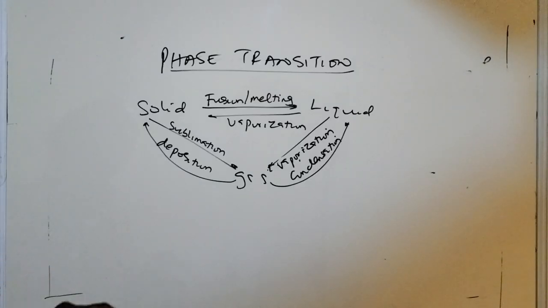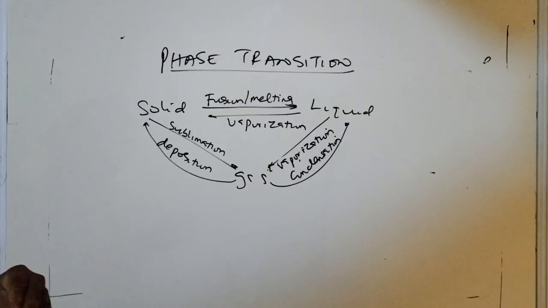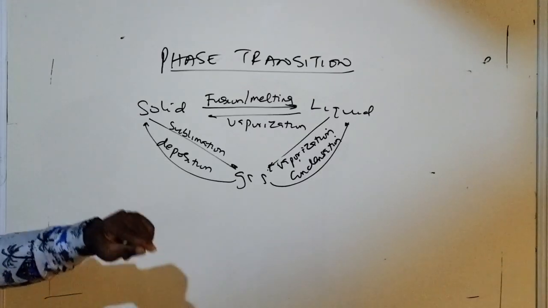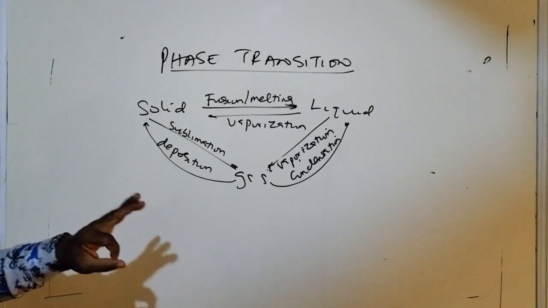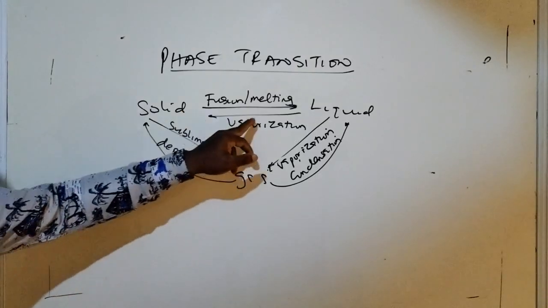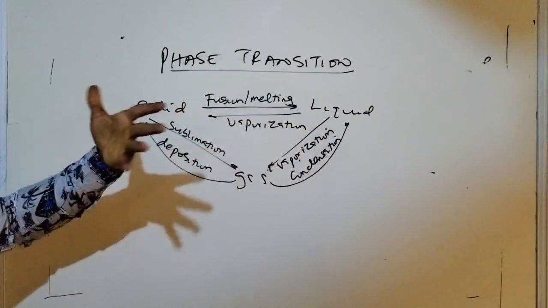That heat is not detected by the thermometer, just like when ice is melting. If ice is melting, the reading of the thermometer remains at 0 until the melting completes. If a solid has a melting point of 80 degrees and you heat the solid, the temperature continues to rise until it reaches 80. When it reaches 80, the reading remains constant until melting is complete. The opposite of melting, liquid turning to solid, is called vaporization.